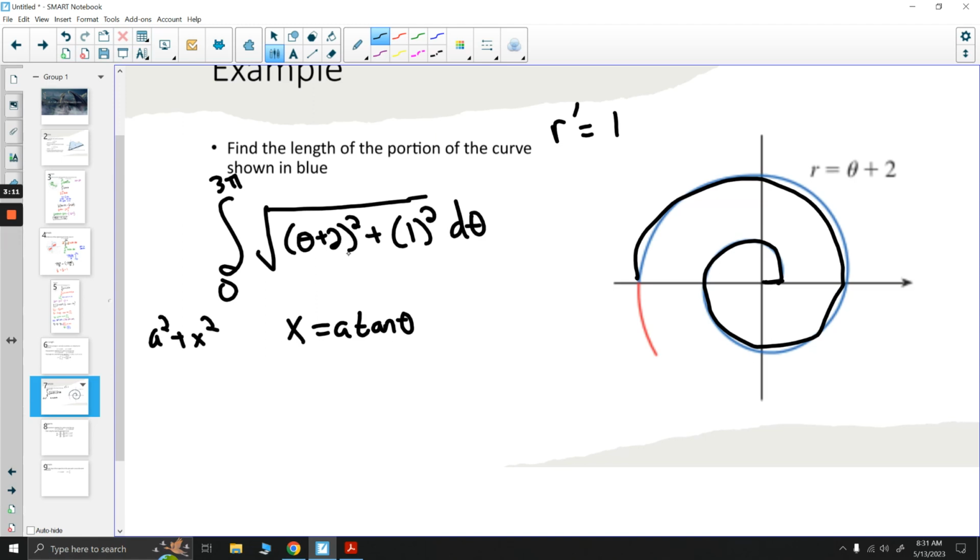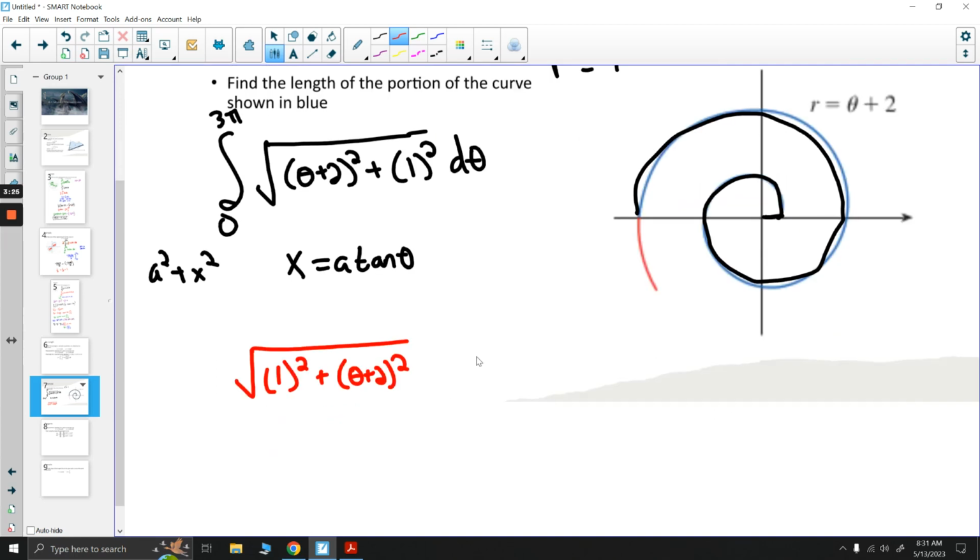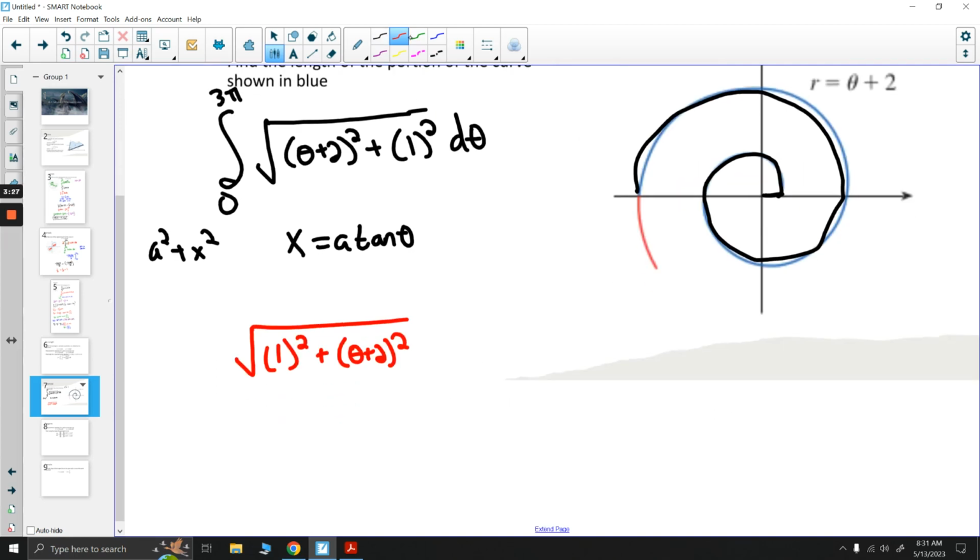So we're going to use that logic here. This is our a, so maybe we should rewrite it. This is the square root of 1 squared plus (theta plus 2) squared. This is our a, this is our x, so we're going to use that as our substitution. So we have x, which is theta plus 2, equal to 1 tangent theta.